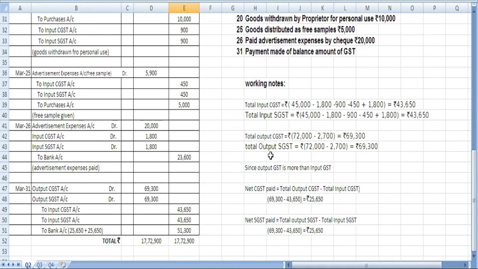In the next question, we will see what will happen if the total output CGST or output SGST is less than total input CGST or input SGST. Okay, so go through this and have a good day.